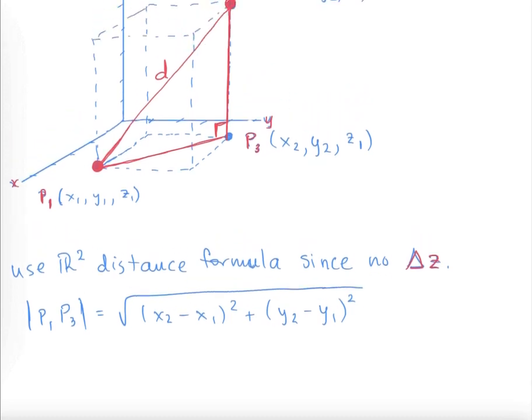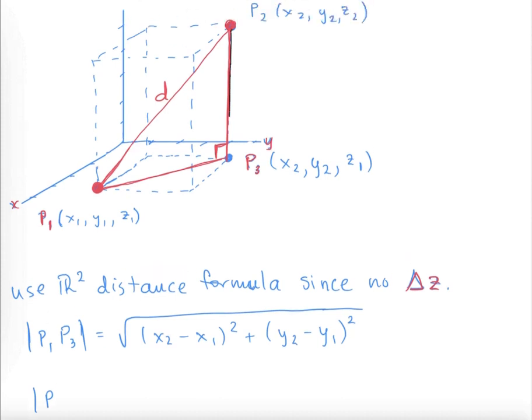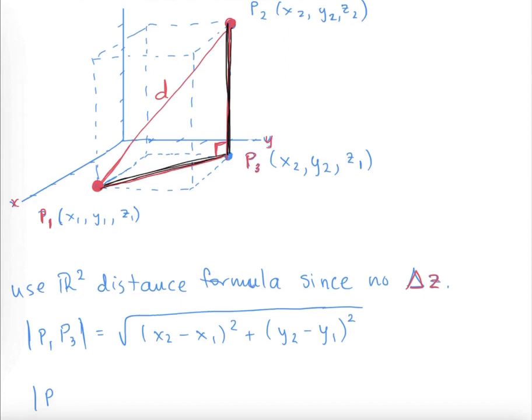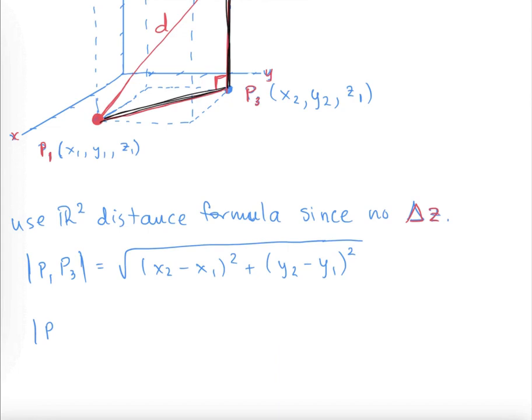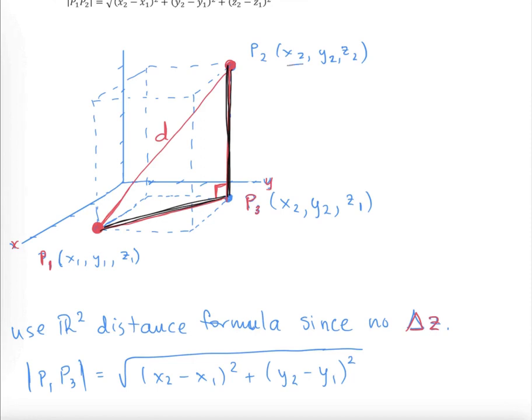Now let's also think about the distance between the P2 point and the P3 point. So this vertical leg, we've already represented this horizontal leg over here. So we're looking at the distance now between P2 and P3. And because the x values and the y values are exactly the same, this distance here is going to be simply a change in the z values.